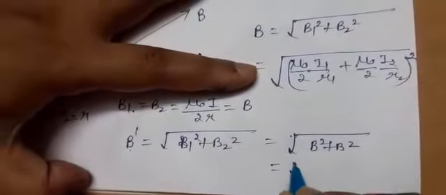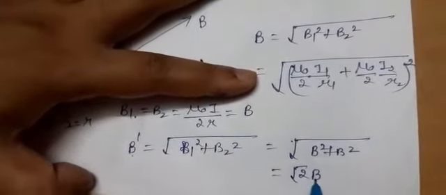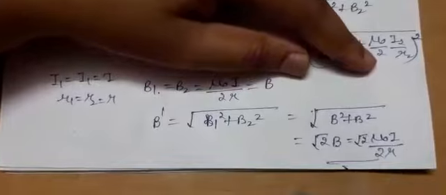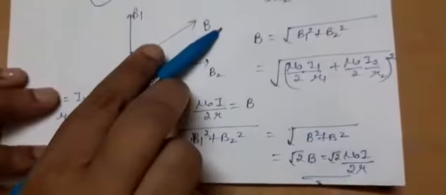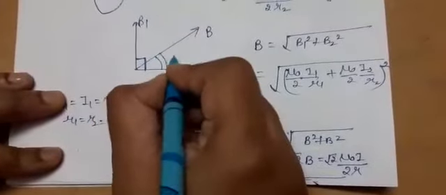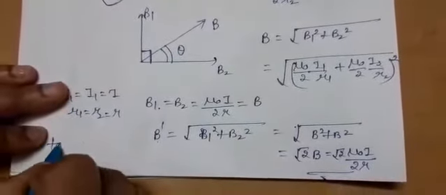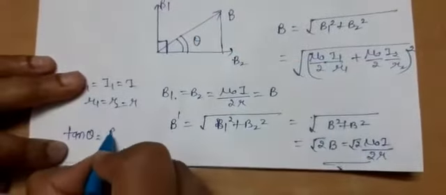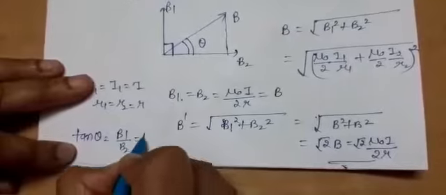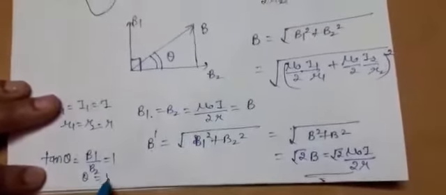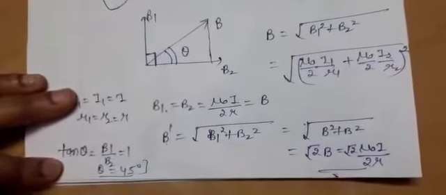So you are taking it as under root of 2 B. Now B is mu naught I upon 2R, and obviously the direction is inclined. If you have to find the direction also, tan theta will be equal to B1 upon B2. If the magnitudes are identical, then in that particular case the angle will be 45 degrees.